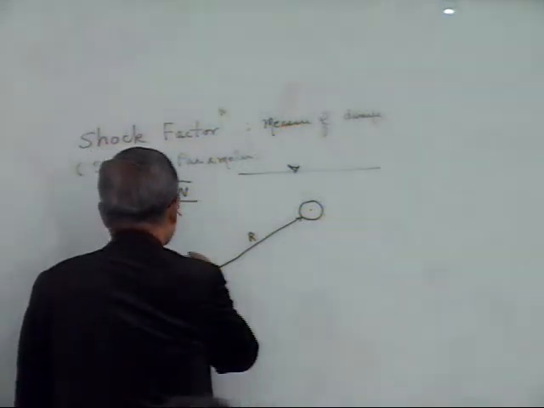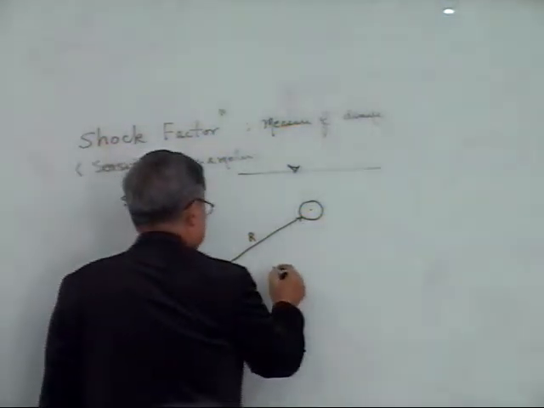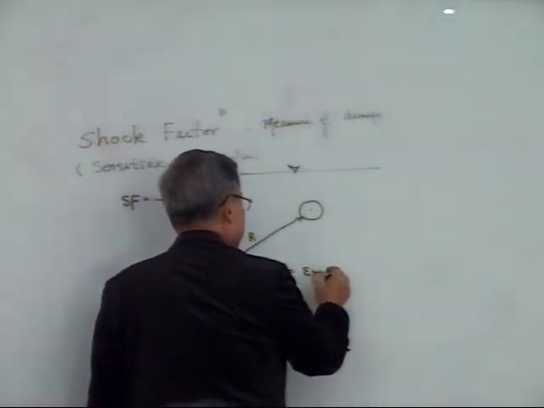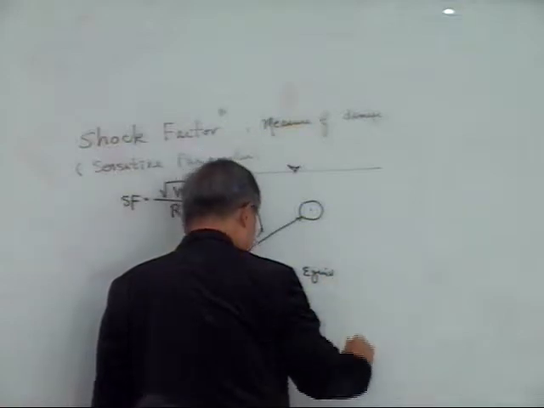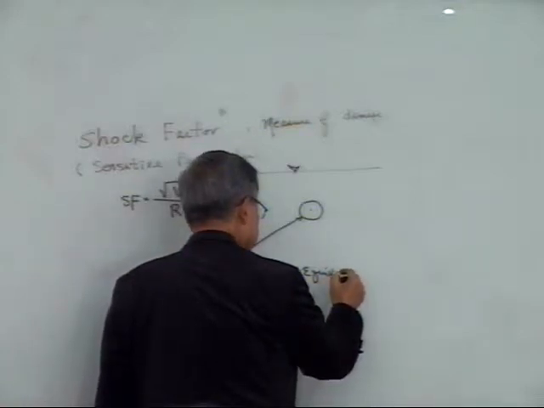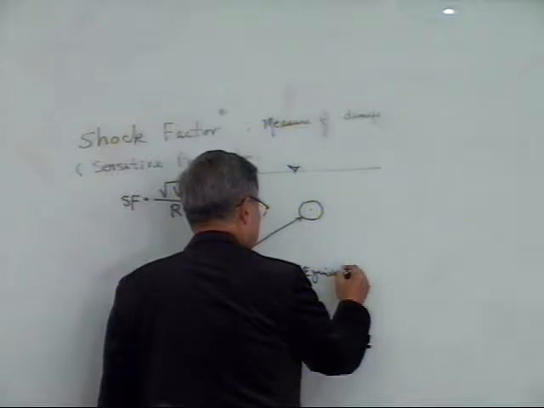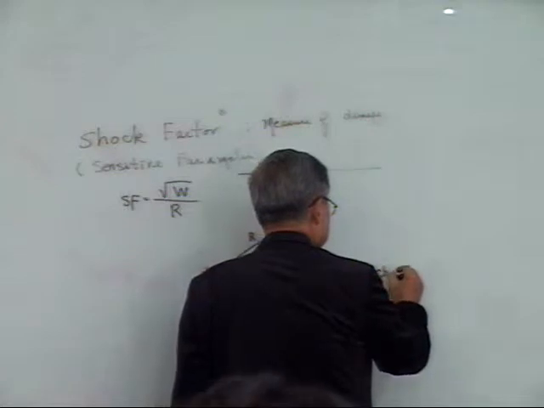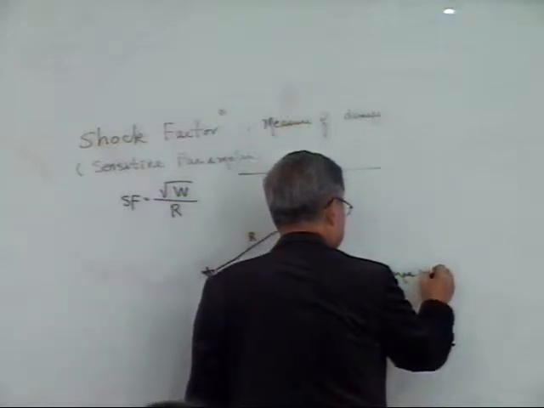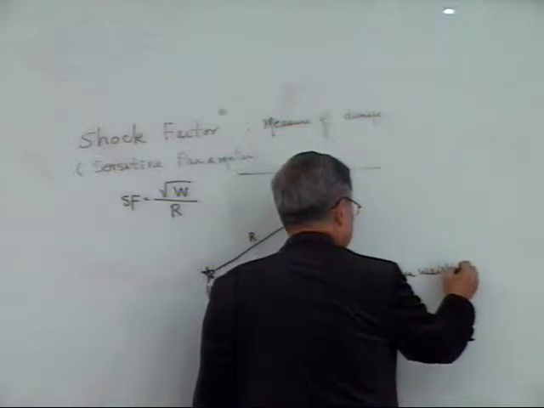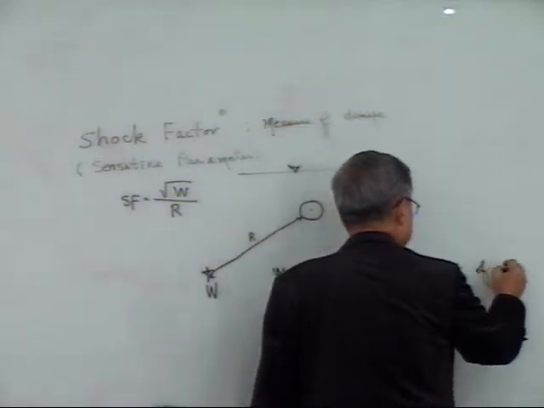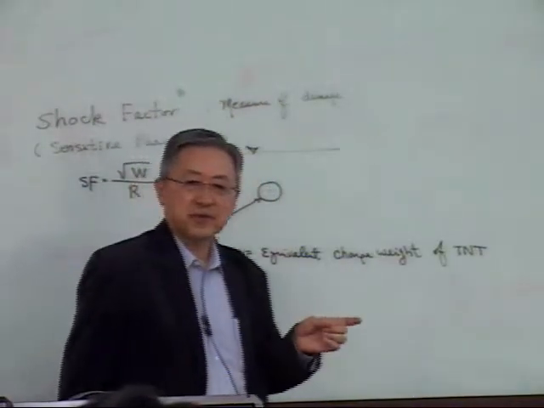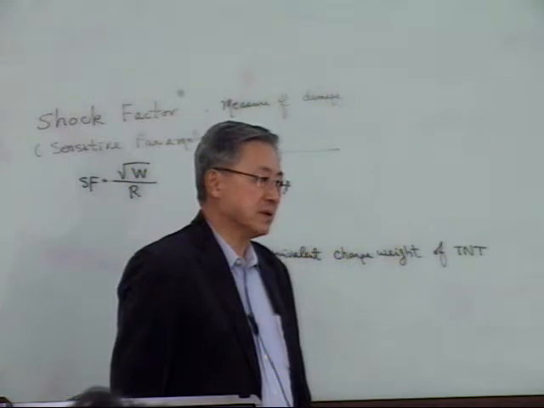So W here is equivalent charge weight of TNT. Everything converted back to TNT.